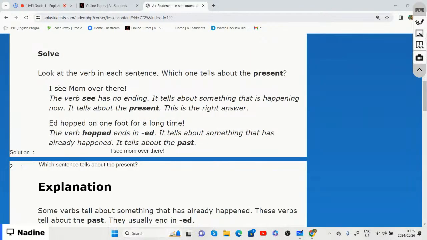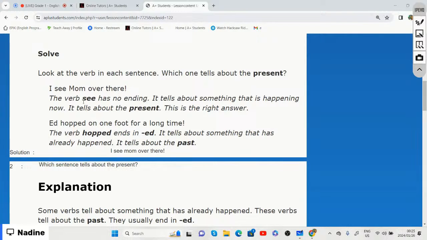So if we look at the verb within each of these sentences, they want to know which one tells us about the present, meaning something that is happening now. The first one says, I see mom over there.